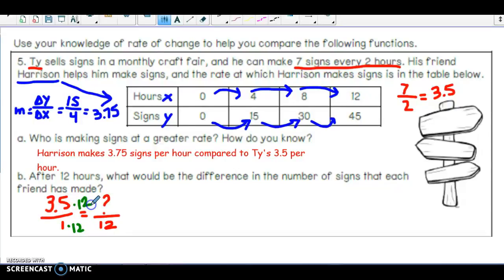So 3.5 multiplied by 12, I believe, is 42. So that means that Ty can make 42 signs in his 12 hours. And Harrison makes 45 signs in his 12 hours. So if we find the difference between the number of signs that each friend's made, I believe we're going to end up with 3 signs.